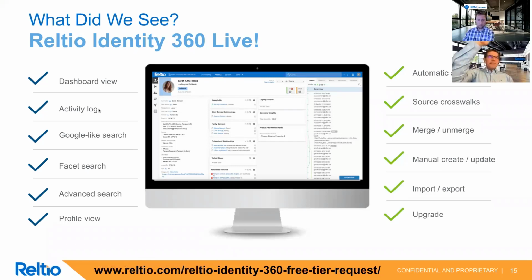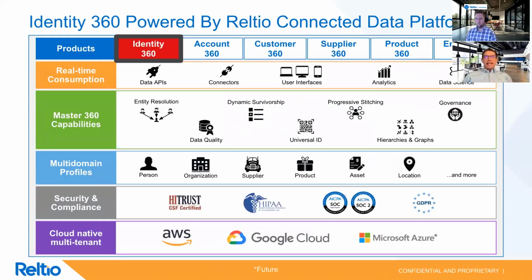Everything that you see here, from dashboard view to activity log to searching to manually merging, unmerging, etc., we saw. The only thing that I didn't touch on is what happens when you click upgrade within the UI. Very simply, you click upgrade, an email notification gets sent to some folks at Reltio, and they'll schedule a discussion with you to understand your needs a little more and figure out what tier you could potentially fall into. That being said, I'll stop here and take some questions.